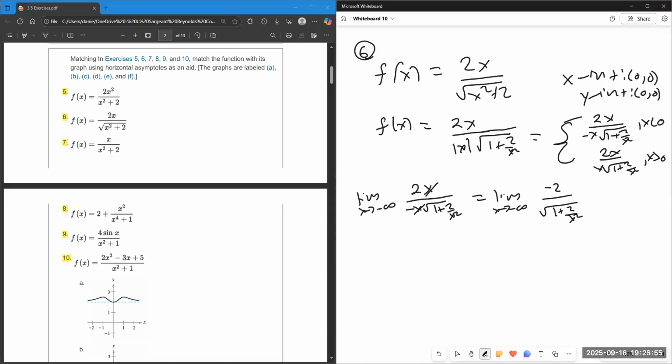This 2 over x squared is getting close to 0, but a little bit bigger. So this is getting close to 1, but a little bit bigger. And the square root of a number that's a little bit bigger than 1 is also going to be a little bit bigger than 1.